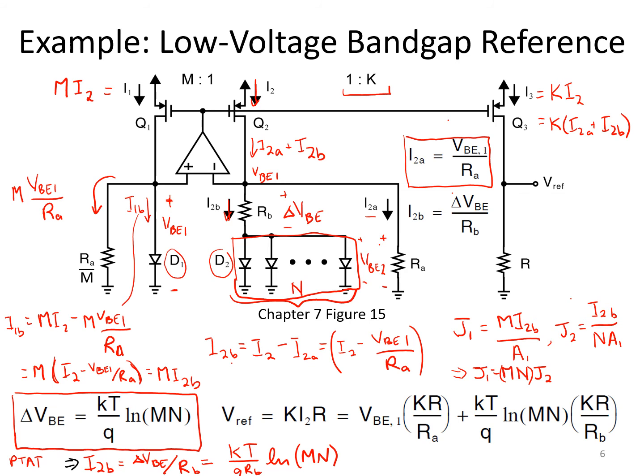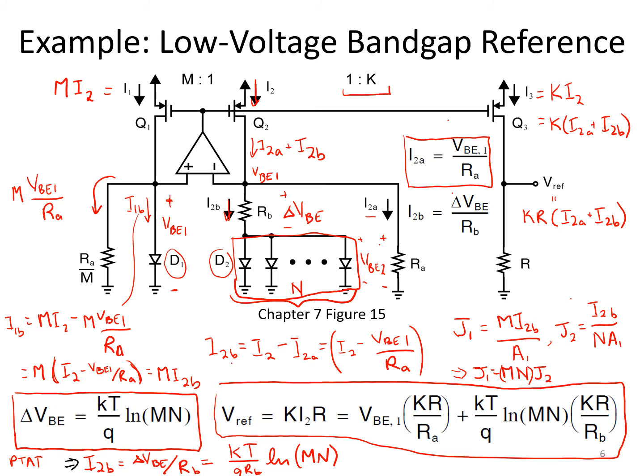And that current gets pushed through another resistor R to produce the final reference voltage Vref. So Vref is K times R times I2A plus I2B. Now substituting in our expressions for I2A and I2B, you end up with this expression down here for VREF.